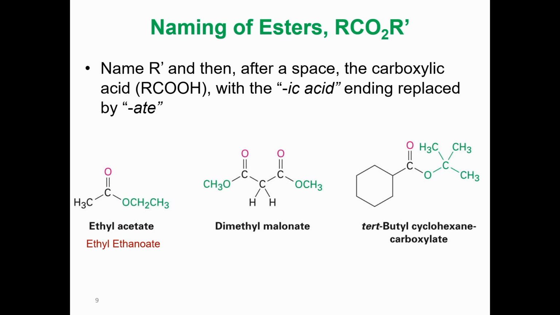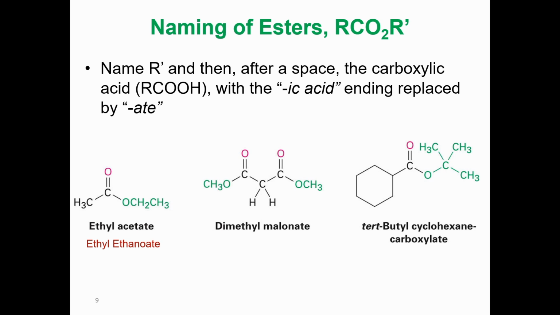But like I said in other compounds, when I come to cycloester, I have to name the cyclo compound and end with carboxylate. In this compound, we have a tertiary butyl as the alcohol aspect, while the cyclohexane is the carboxylate section.